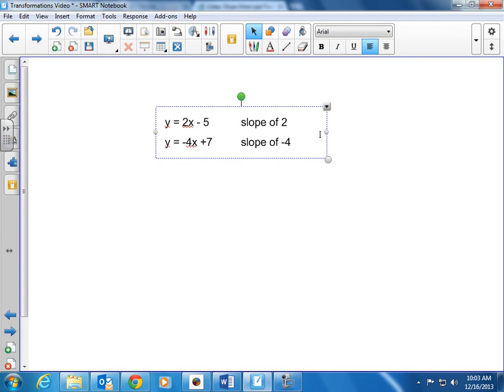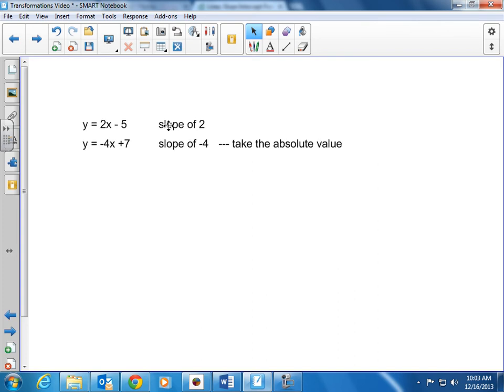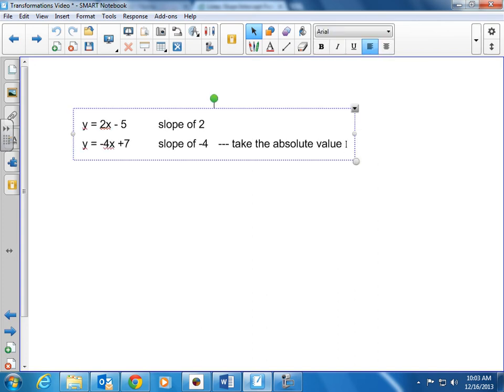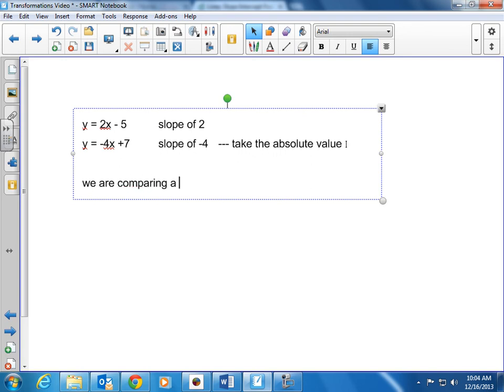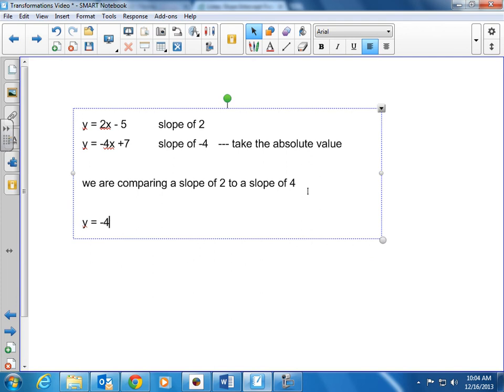But we're going to take the absolute value, and we get a slope of 4. So we are now comparing a slope of 2 to a slope of 4. The absolute value of negative 4 is 4. Which one is bigger? The 4 is bigger. Therefore, y equals negative 4x plus 7 is steeper than y equals 2x. It's steeper because 4 is bigger than 2.